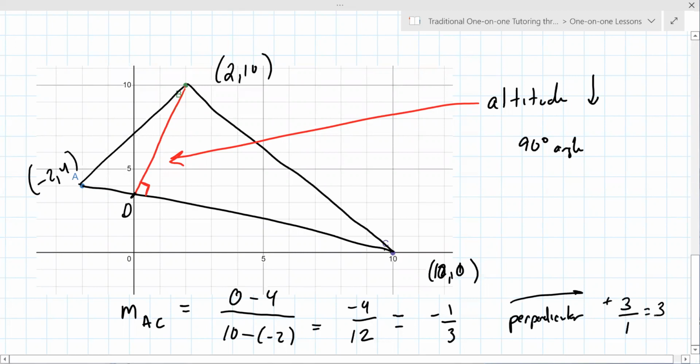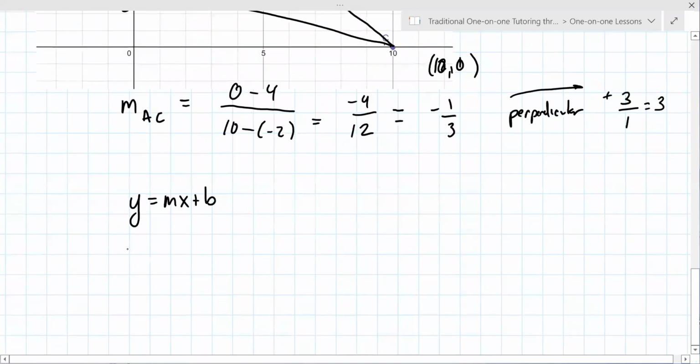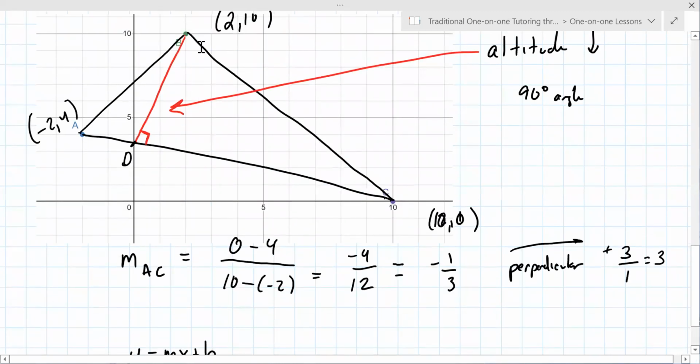Okay, so now we write y equals mx plus b, but we know that m is 3. Now this is really important. When you go back to your picture, the line goes through points B and D, but you don't know D, but you know B. So which point do you use?